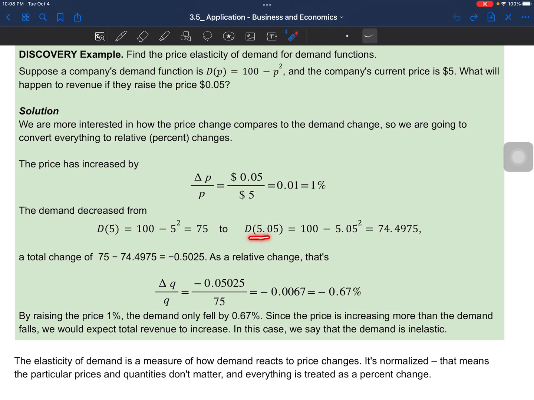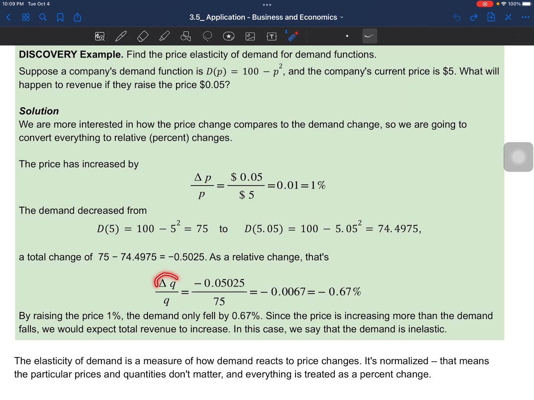To compare, if you increase the price by 5 cents to 5.05, then by direct substitution we can find the demand, which in this case is 74.49.